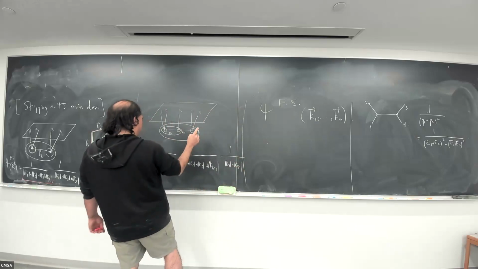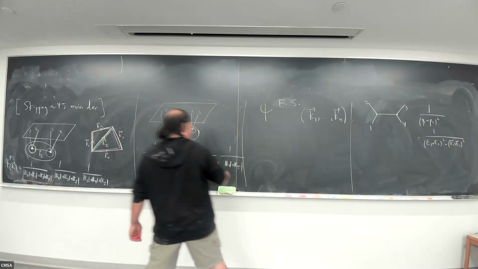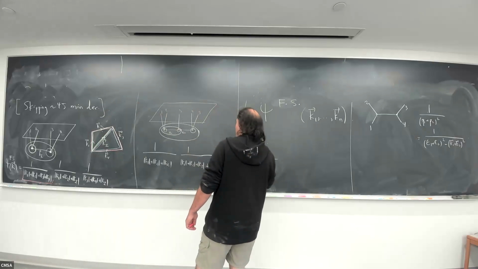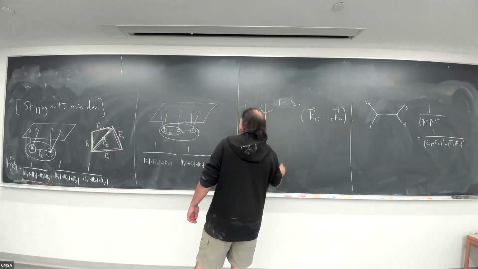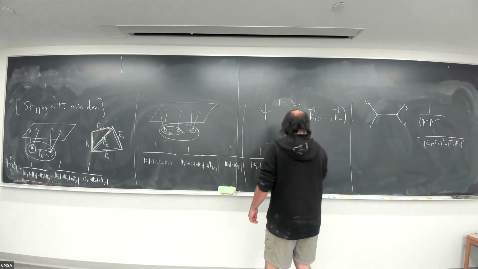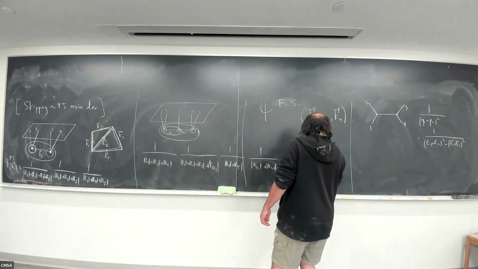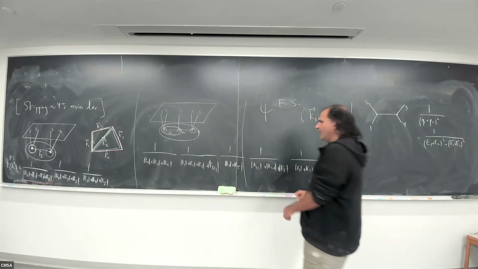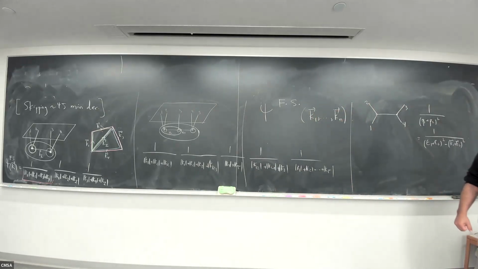From, let's see, how many did I put? Did I miss this one? Oh, I haven't done that. 1 over K1,2 plus K2,3 plus K3. And then everything, 1 over K1 plus K2 plus K5. Okay, so that's one contribution to this wave function.